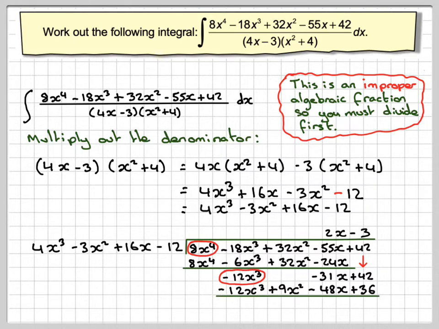Again, you do a subtraction, get nothing from here, you get minus 9x squared, you've got nothing minus 9. Minus 32 minus 48 gives you plus 17x, and then 42 minus 36 gives you 6. Now you no longer can divide, so that's the remainder.